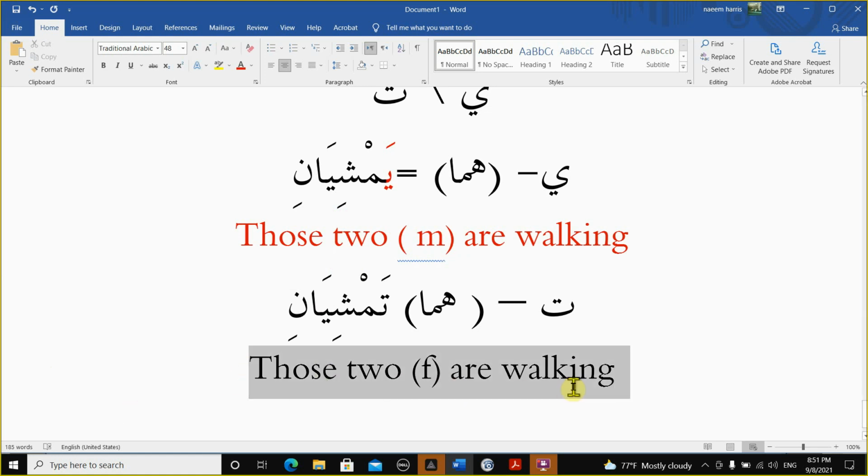So remember, if we find the ta in the dual or in the singular, it is for the feminine. So if you see the ta in the madari, in the singular and or in the dual, it points to the feminine.